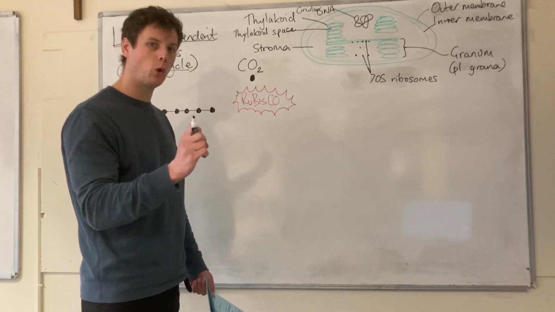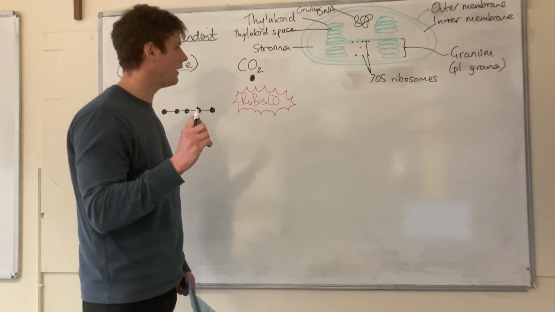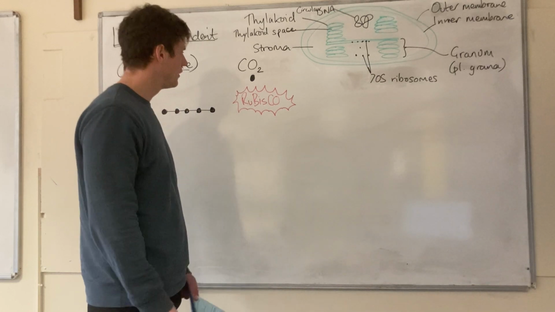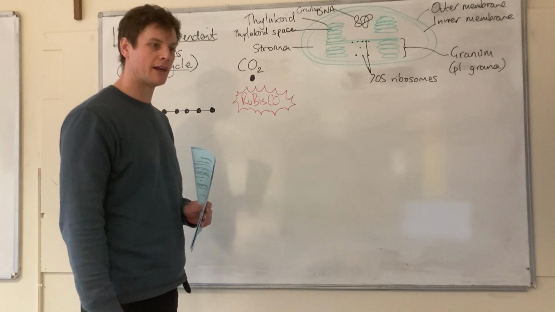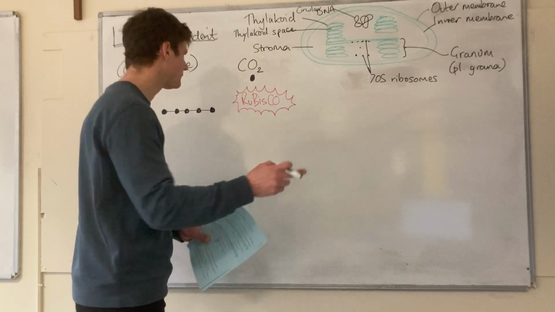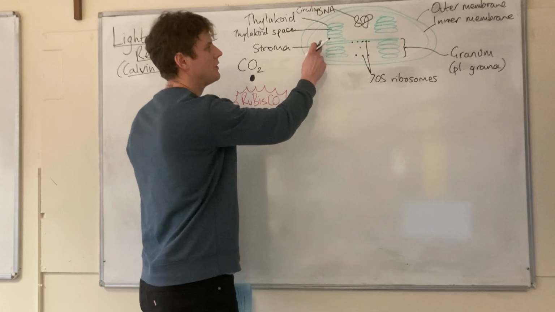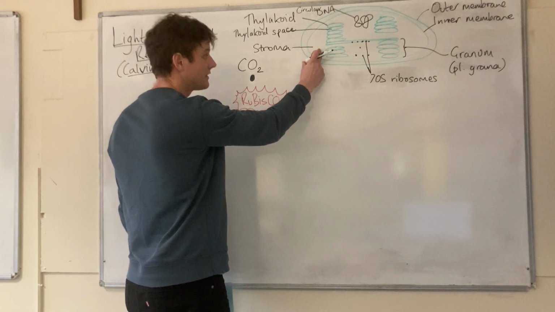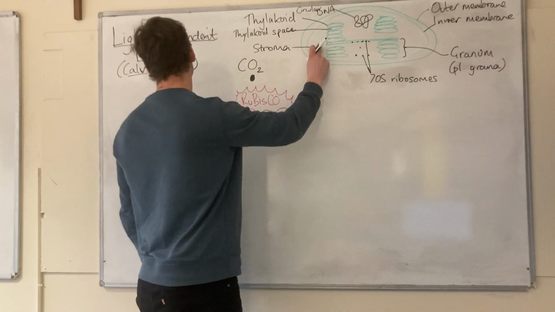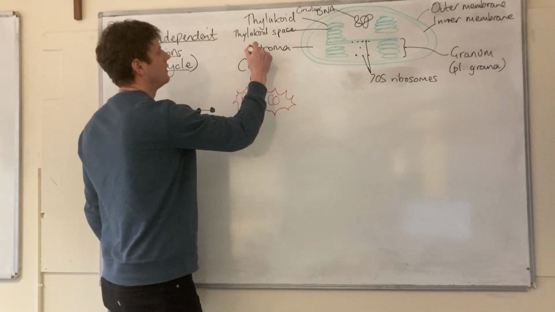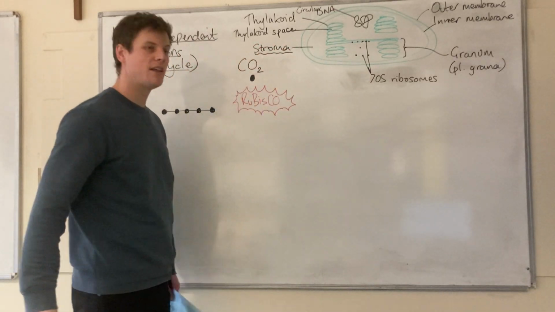It dissolves in the water on the wall of the palisade mesophyll and then diffuses through the membrane into the cytoplasm. From the cytoplasm, it diffuses through the two membranes of the chloroplast and into the stroma. So the light-independent reactions are taking place in the stroma.